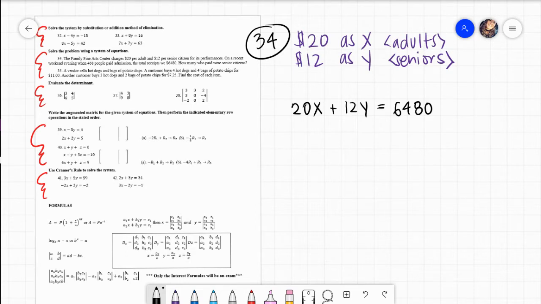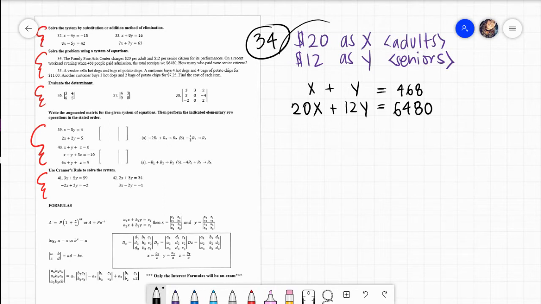The first one, I mean, I don't really think it matters which order you put them in, but I prefer it this way. Our other equation is going to come from the total amount of tickets that were sold. They told us that they sold 468 tickets, correct? And we know that that's going to be a combination of adult and senior tickets. So that's where you get your two equations from. So we just have our simple two variables are going to total the amount of tickets sold.